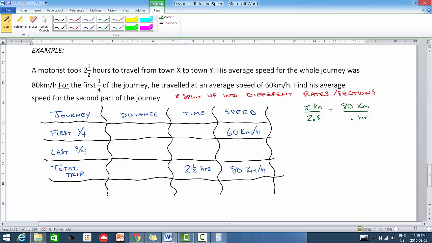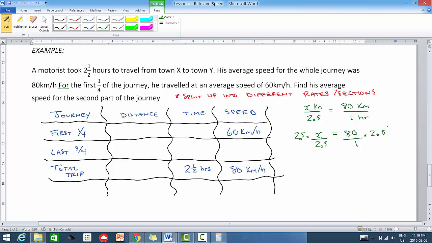To do that, we're going to be solving for x, which means whatever's being done to x, we're going to do the opposite. Or any operations that we see happening over here, we're going to do the opposite. So if we're dividing by 2.5, we're going to multiply by 2.5. So we have x over 2.5. We're going to multiply to get rid of that. That decimal stays. Equals 80 over 1 times 2.5.